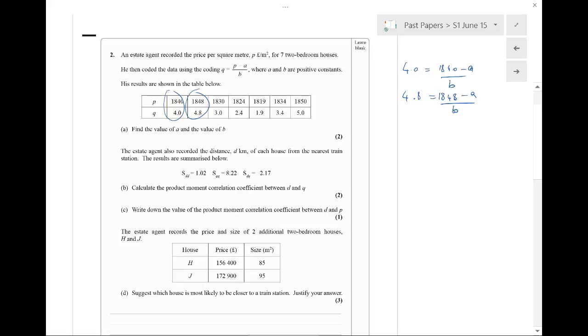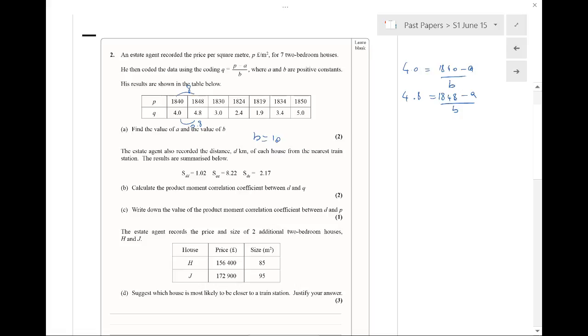I suppose looking at it, we should see that it's going to involve dividing by 10, because we've got a difference of 8 here and a difference of 0.8 here. So I can see that B equals 10 from that.